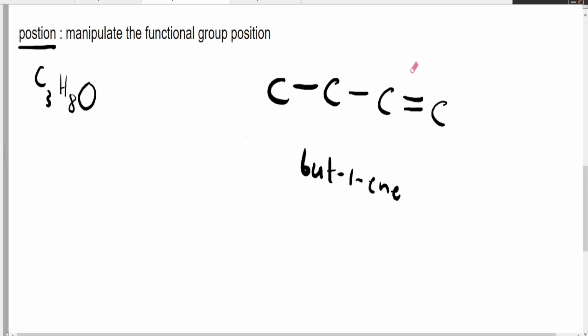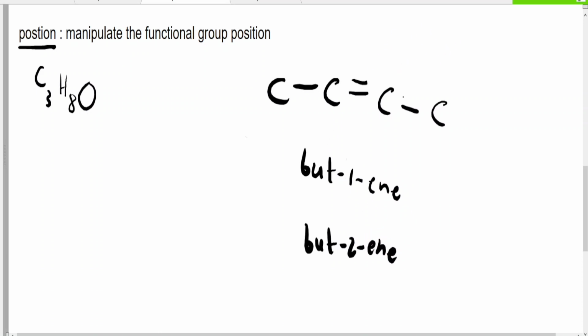What if I take this double bond and place it right here? I shifted the position of the double bond to the next carbon atom. What would be the new name for this compound? Again, it would be butene, but now since the double bond is on carbon number 2, this would be but-2-ene.